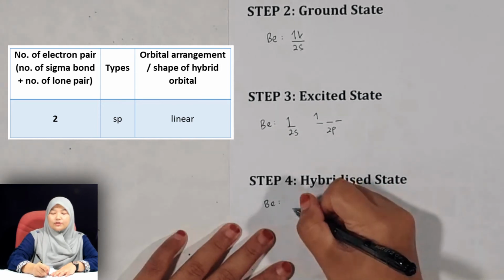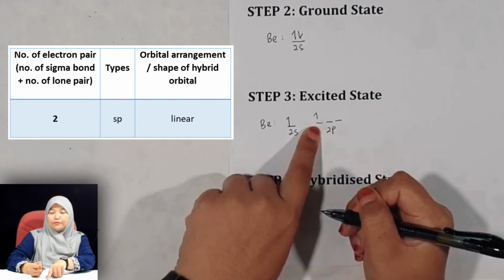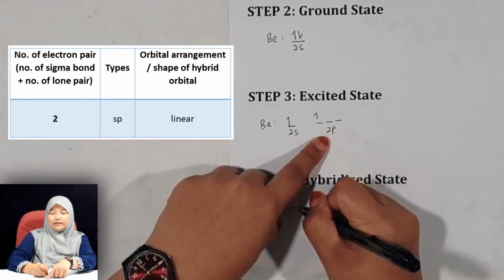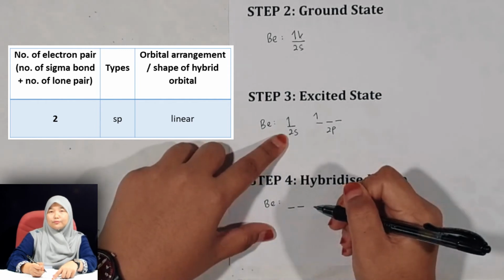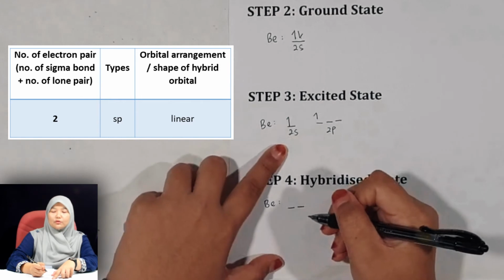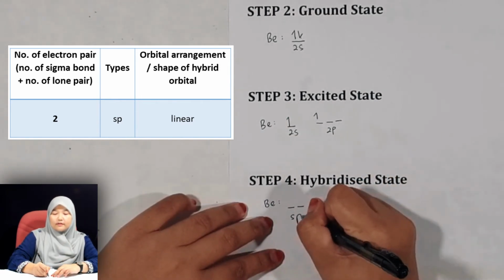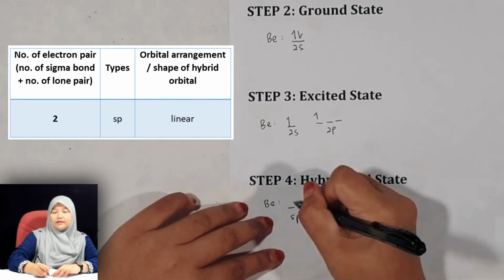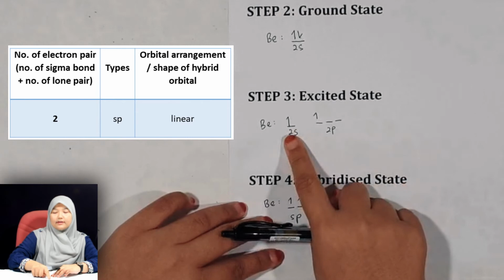So kita akan terus tulis, okay, yang ni satu orbital daripada 2p ni tadi dah dimix, dicampur dengan s ini untuk menjadi orbital yang baru, iaitu sp. So tak boleh tulis 2s dengan 2p dah, mesti sp orbital. Satu dekat sini, satu dekat sini. Okay, elektron ni.